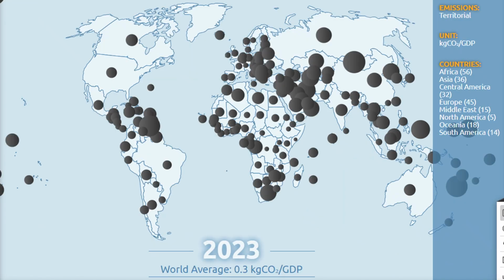However, if we look at this a little differently, and we change it to kilograms of carbon dioxide divided by GDP, thinking about carbon dioxide as a function of economic output, that map shifts. And that's a relevant thing for us all to think about because of the conversations we've been having about the relationship between energy, fossil fuels, and GDP.